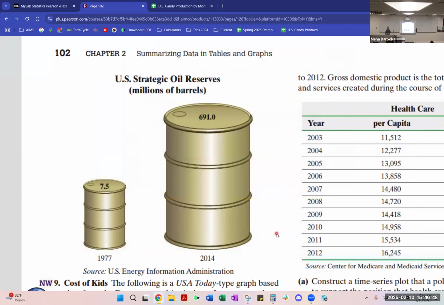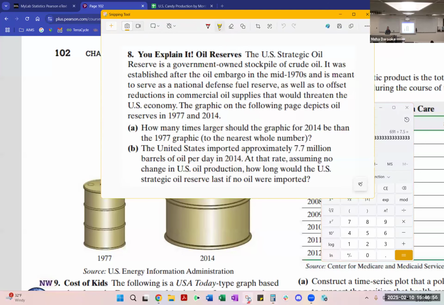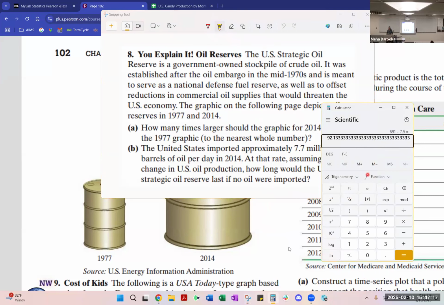We have, and I know some of that is hidden, 691 million barrels in reserve. We're talking about importing 7.7 million barrels a day. How long would our reserve last if we stopped importing from other places? 15 years? Sure about that? Okay.